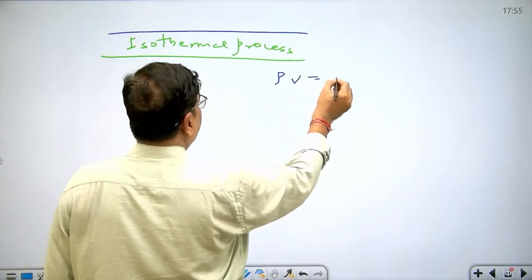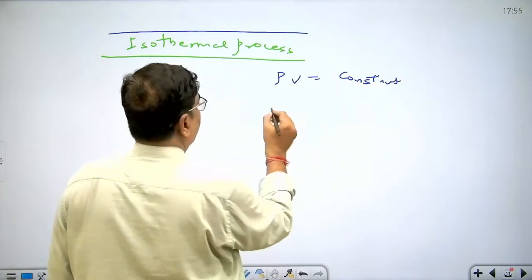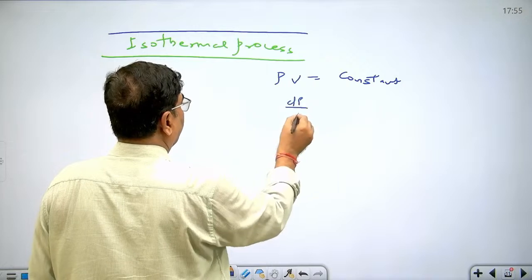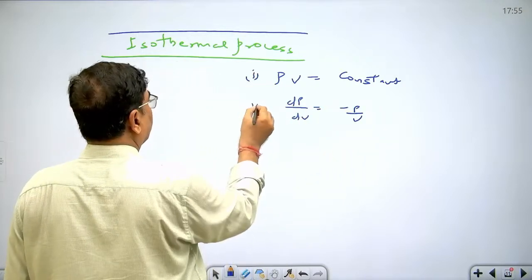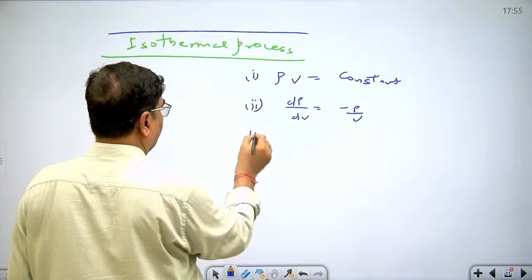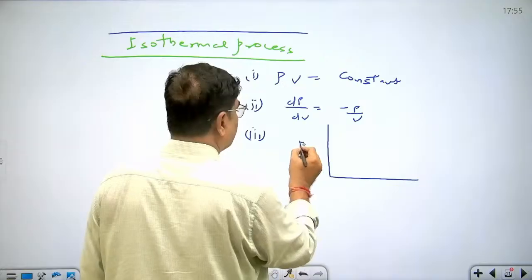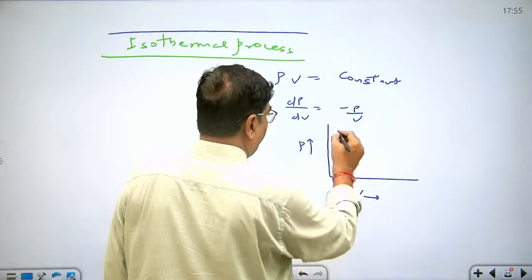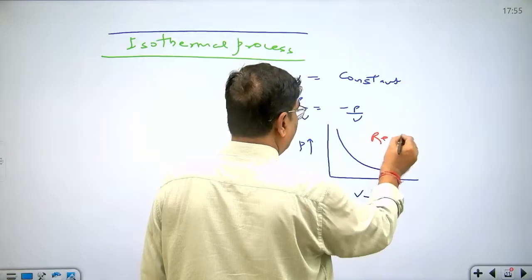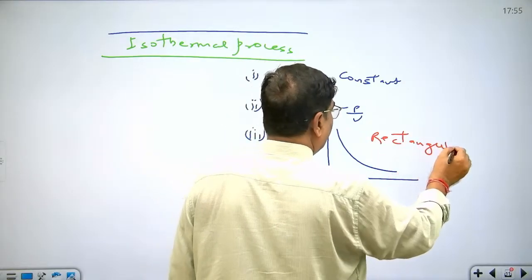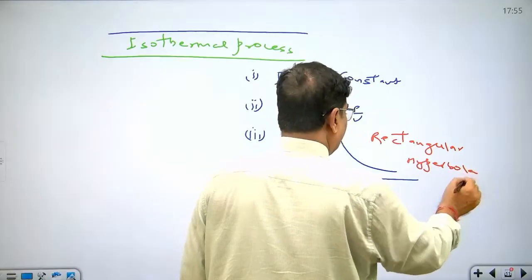The equation of state for isothermal process is PV equal to constant, and the slope of the curve dP upon dV equal to minus P upon V. The graph for isothermal process between pressure and volume is a rectangular hyperbola.